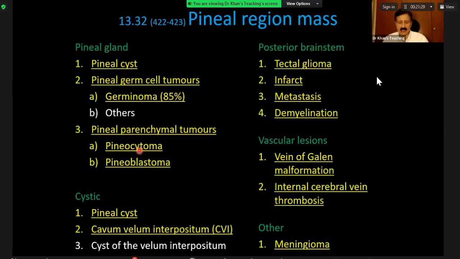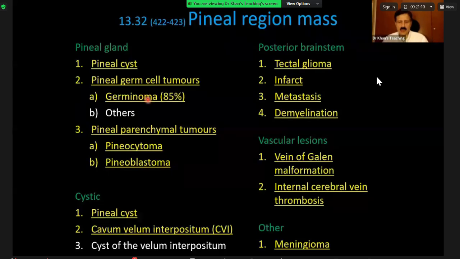Nobody is going to show you a pineocytoma in the exam because it's very difficult to differentiate it from a pineal cyst. So we don't want to go into that territory. But the lesions which are important for the exam, the top lesion is germinoma. Germinoma is the most common.